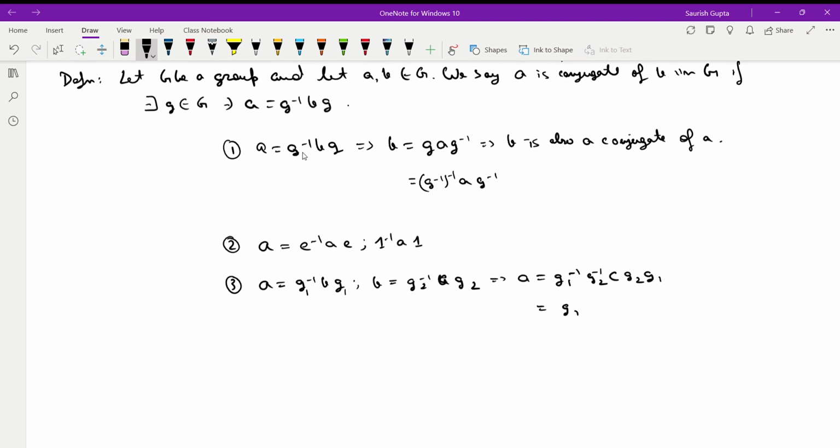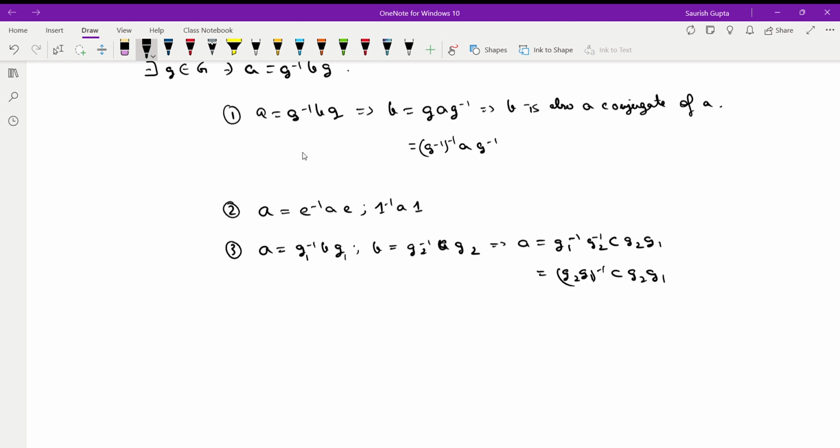So the first element can be written as (g2 g1) whole inverse C g2 g1. Now g1 and g2 both come from the group capital G, hence by closure g2 g1 is also an element of capital G. So this readily implies that if A is a conjugate of B and B is a conjugate of C, then A is a conjugate of C as well.